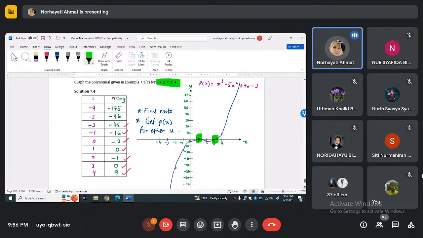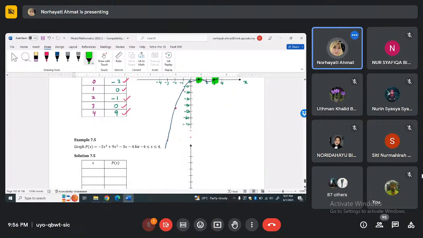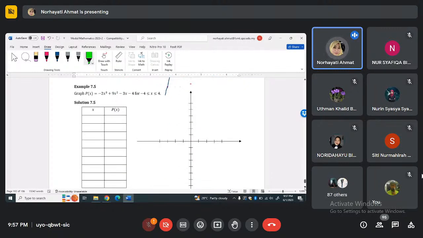Okay, so kalau tak ada soalan, do we need to discuss example 7.5 or just leave this as your homework? Homework. Okay, good. So kalau kita discuss, kita tak habis pukul 10.30, kita habis pukul 11. Okay, good. So ini adalah you punya homework. Okay, just draw the graph.